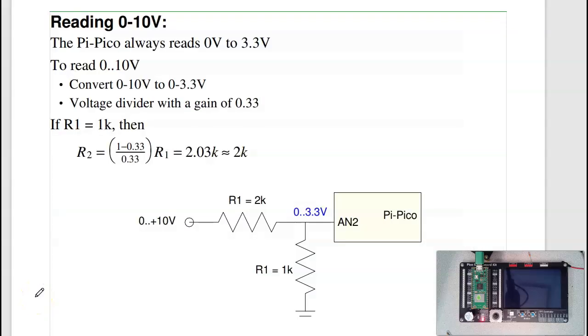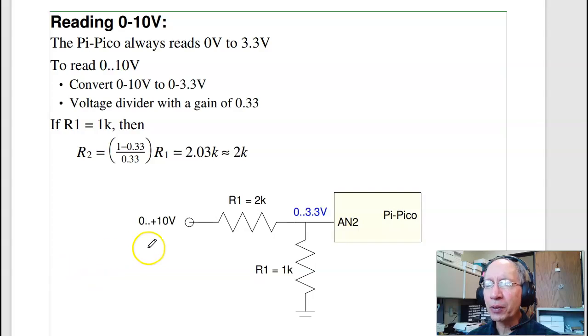Now the A to D only reads 0 to 3.3 volts. If I want to read a different range, I just need to add a little bit of circuitry to the input, and then I can read different voltage ranges. For example, if I want to read 0 to 10 volts, just build a circuit that converts 10 volts to 3.3 volts. One way to do that is just 2 resistors. Do a voltage divider. This could be 2-to-1 ratio, 2K, 1K, 20K, 10K, 200K, 100K.